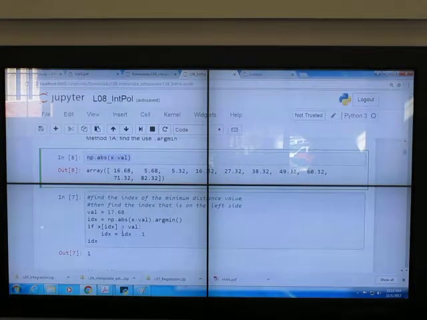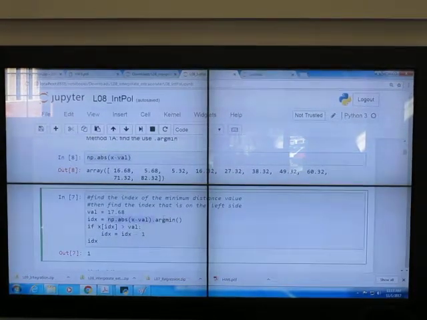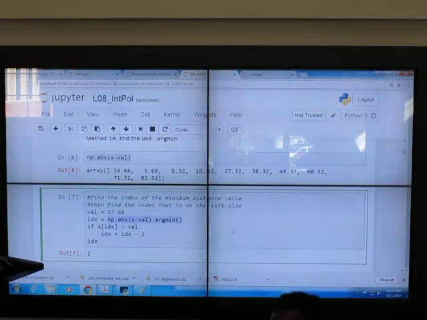Okay, so tell me what is the value of idx. What is the value of this expression over here? Daniel, can you run the code? Or you don't even open the IPython notebook, sir. Okay?